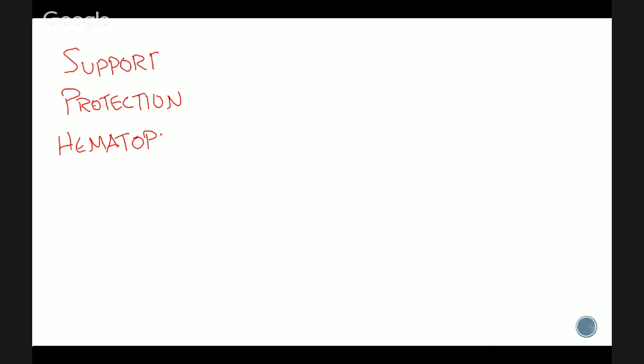Okay, so what are some of the functions of bones? Going back to the beginning, what are some functions of bones? Support. Okay. Support, what else? Protection, yep. Stores minerals. Hematopoiesis.